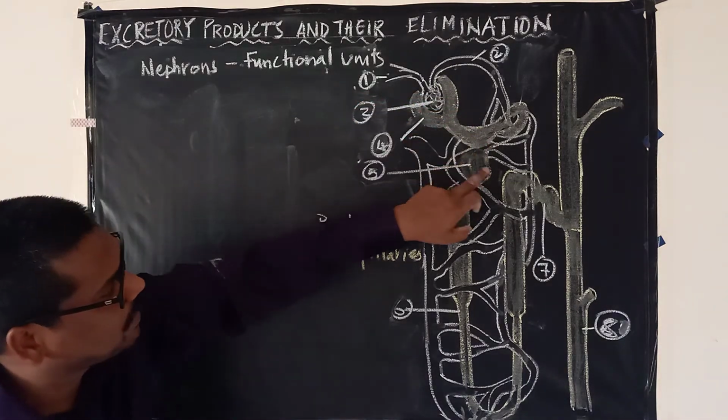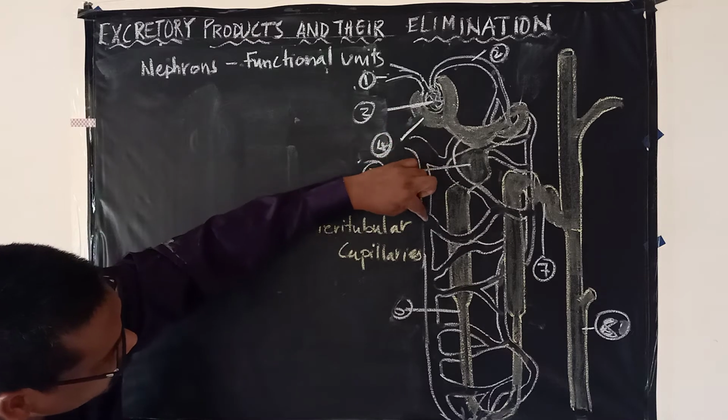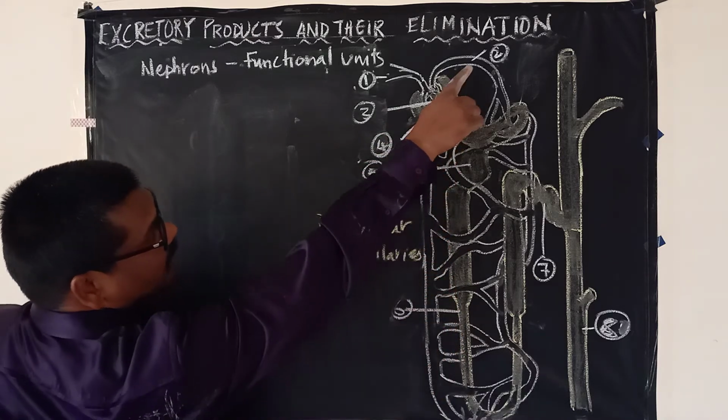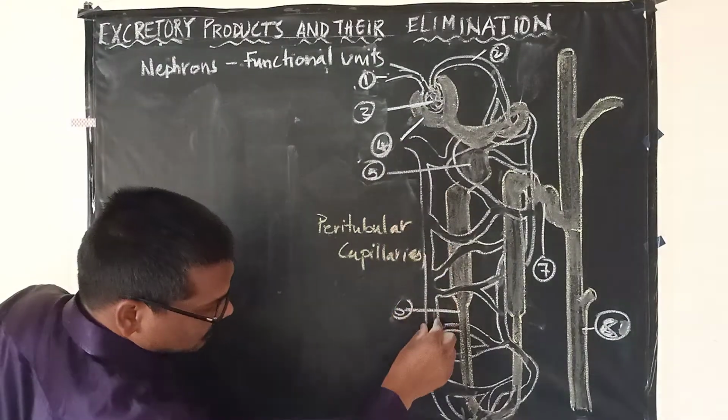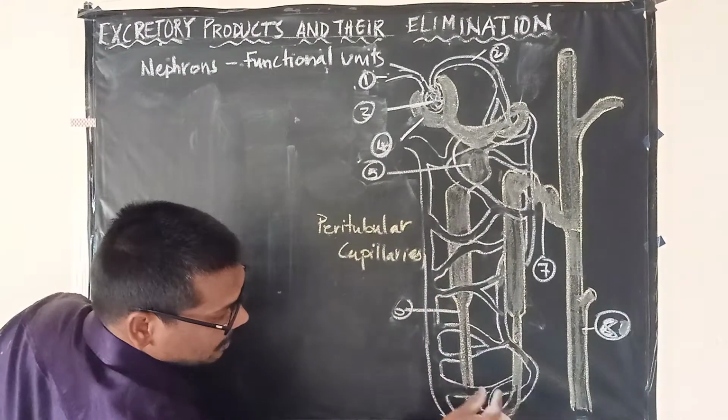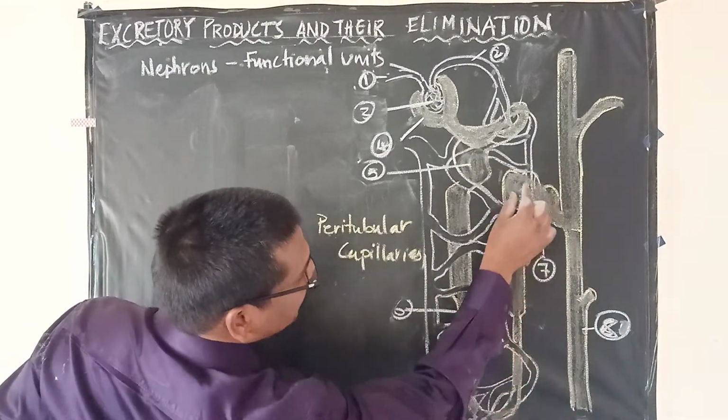From these capillaries, there is a fine network of blood vessel, that of the efferent arteriole, forming one single vessel parallel to the descending limb and also parallel to the ascending limb.